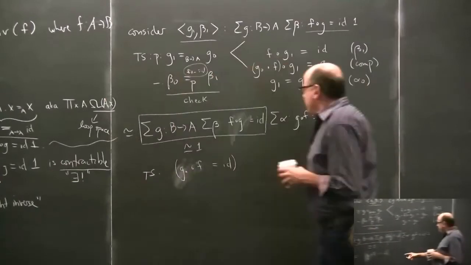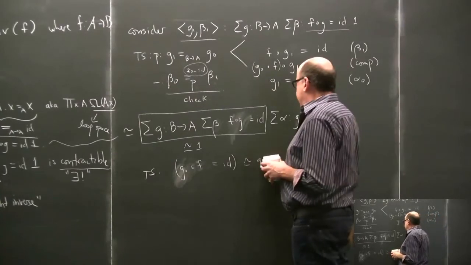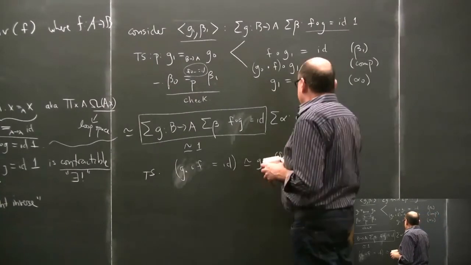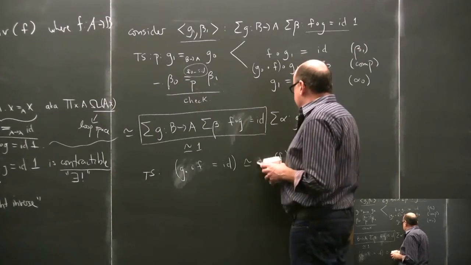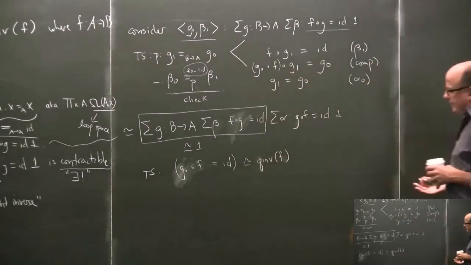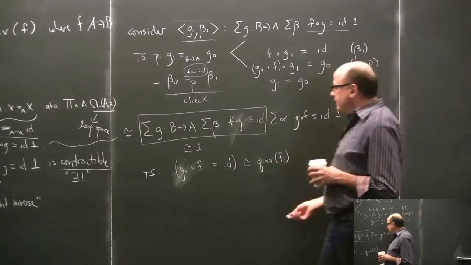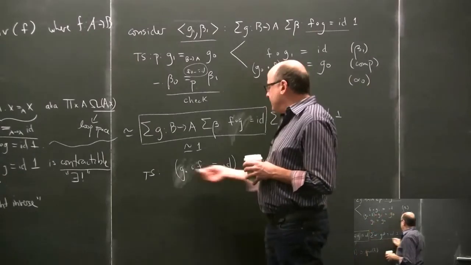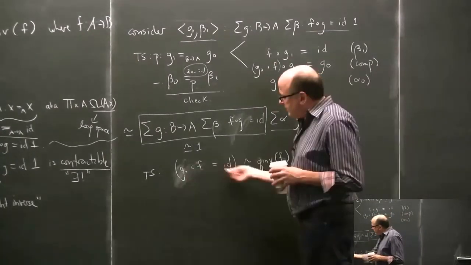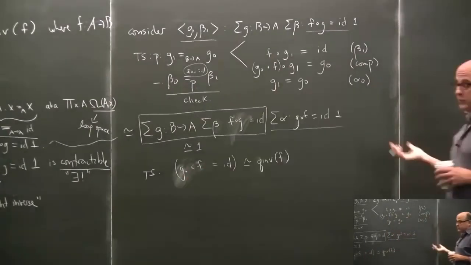So what you can then end up saying is that the quasi-inverse is just that. In other words, the data that constitutes F being a quasi-inverse really just amounts to showing there exists a G naught such that G naught composed with F is the identity, and there's at most one.